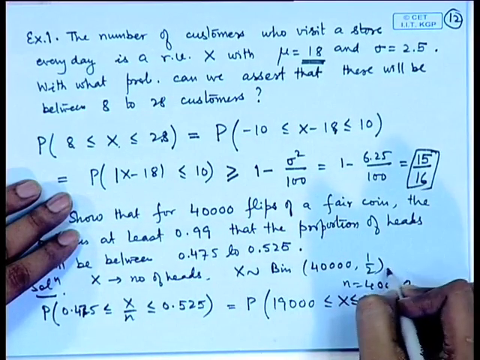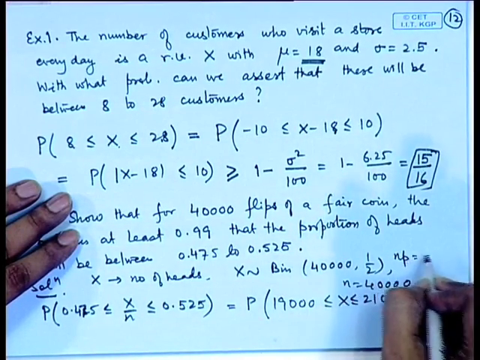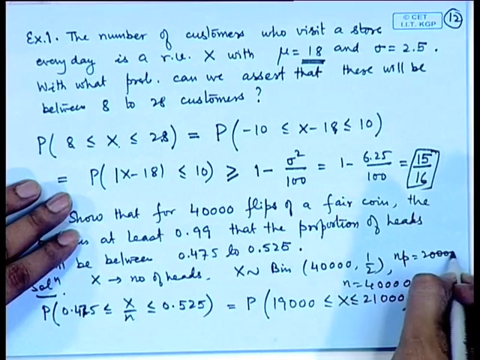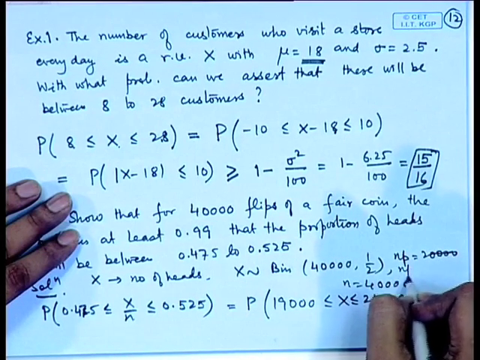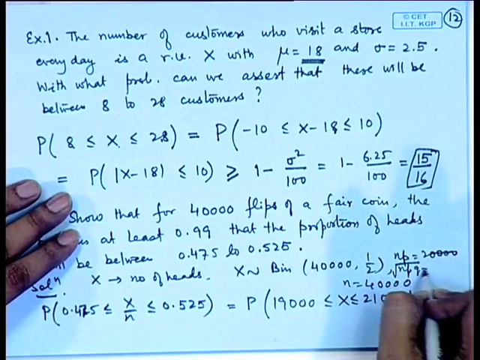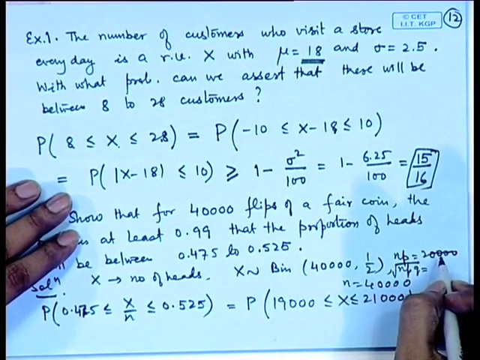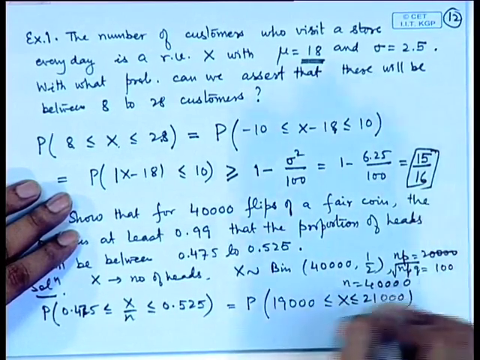Now, the mean of this distribution is n p, that is equal to 20,000, and the standard deviation is square root of n p q, which is 100.